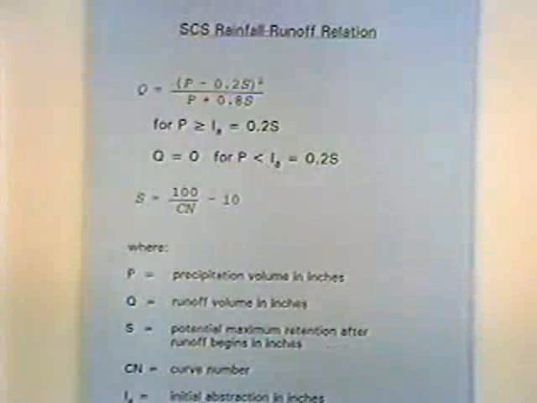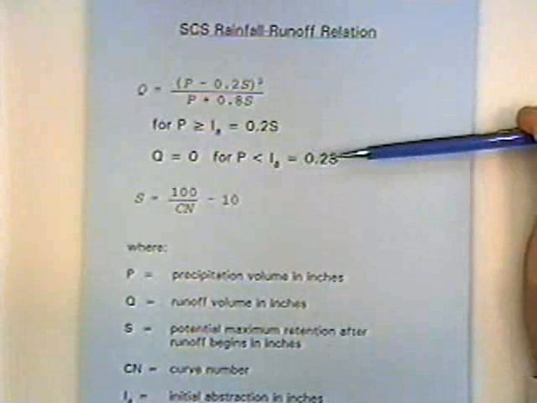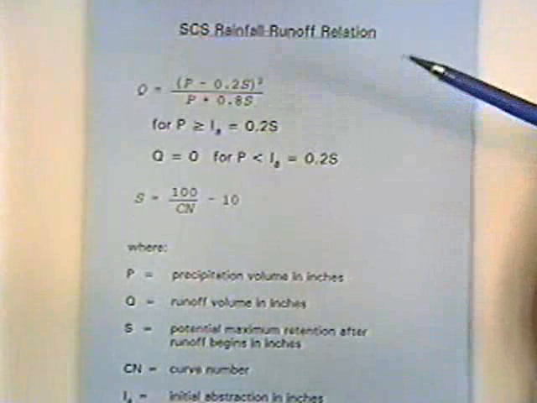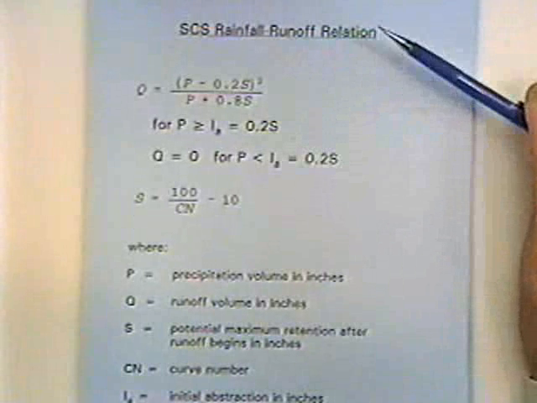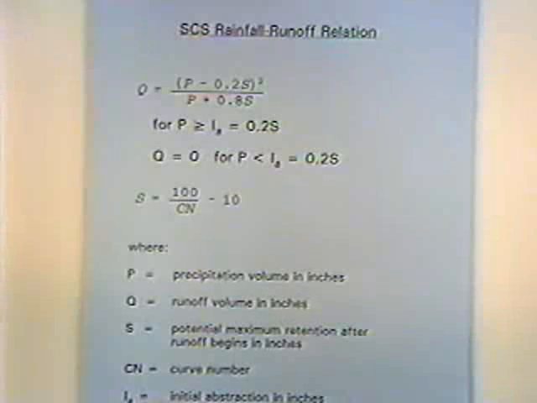There are a lot of different ways of computing volume, and the Civil Engineering Reference Manual presents this method, and this is a good choice because this is widely used, and it shows up in a lot of references. Almost all your hydrology books will cover the Soil Conservation Service. So this is the SCS Rainfall Runoff Model.